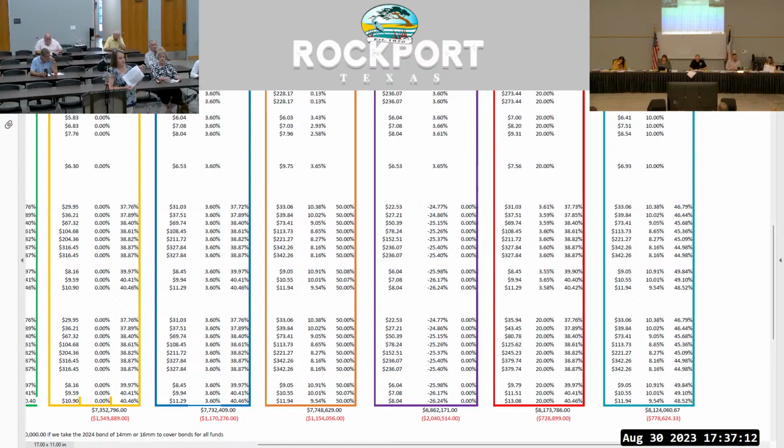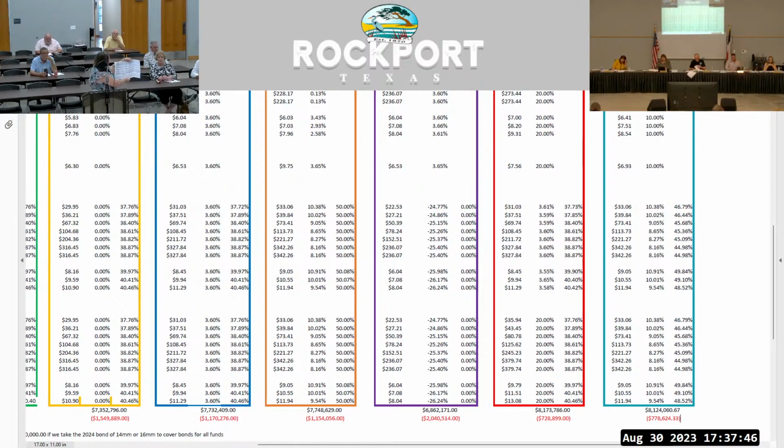So you guys need to make the decision if we are going to take the bite out of the apple all at once, or if we're going to take a few smaller bites over a few years, how you want to proceed with the CIP. The New Gen rate is what's going to support the debt on the CIP, which you have the CIP list here in your packet as well.